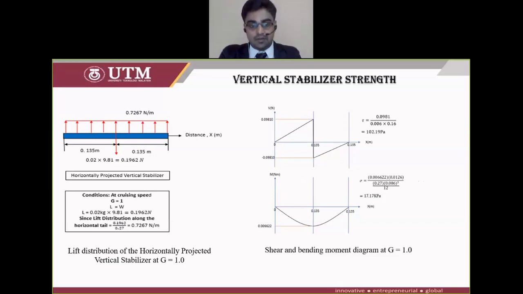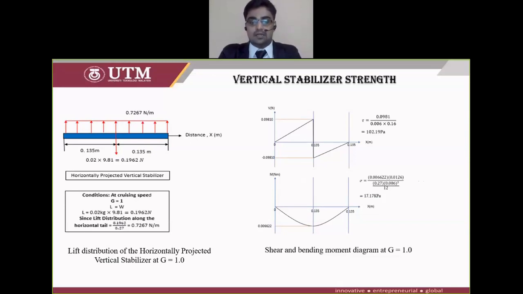The horizontal stabilizer is not projected horizontally because it naturally lies horizontally, so we don't have to project it. But for the vertical stabilizer, to make the calculation easier, I project it in a horizontal manner so that I can easily plot the shear and bending moment graph at different load factors.